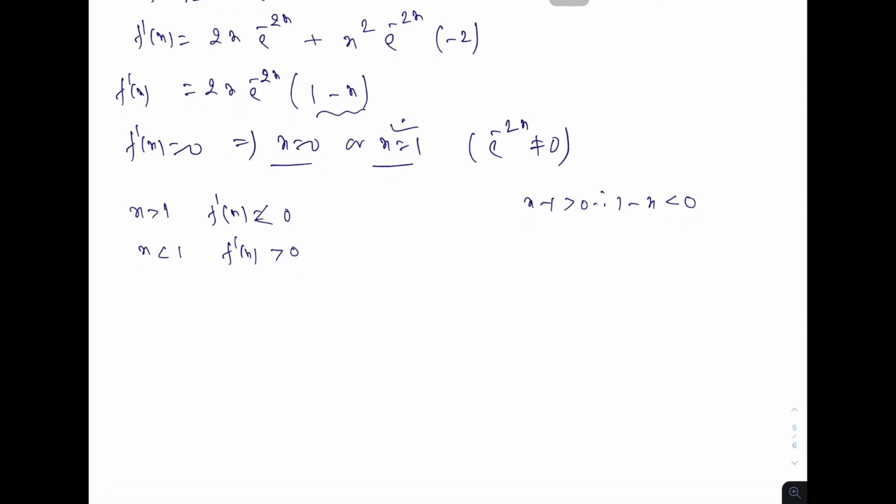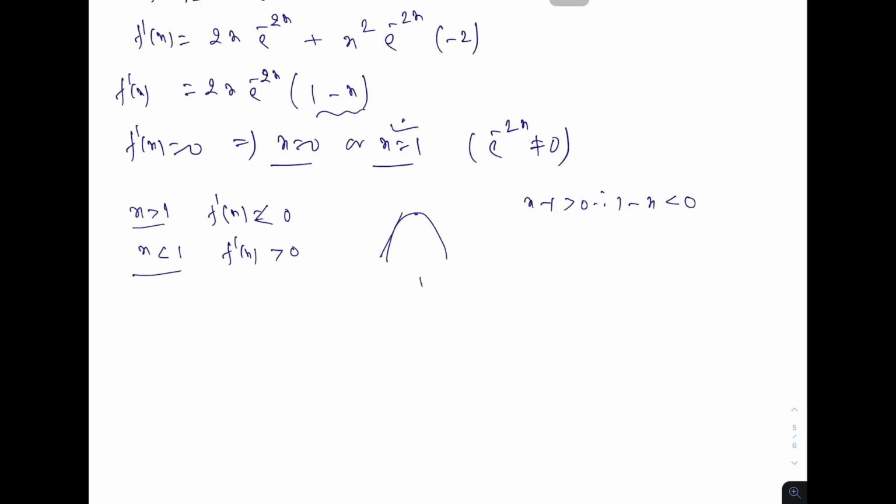So we are having the situation like this, positive to negative at 1. When x is less than 1, then the slope of tangent is positive.